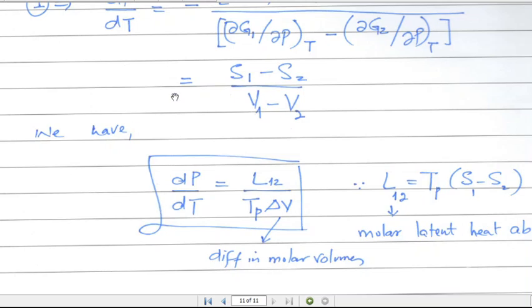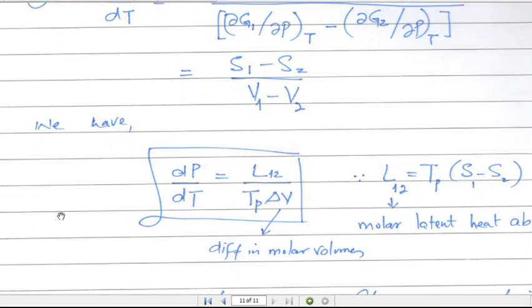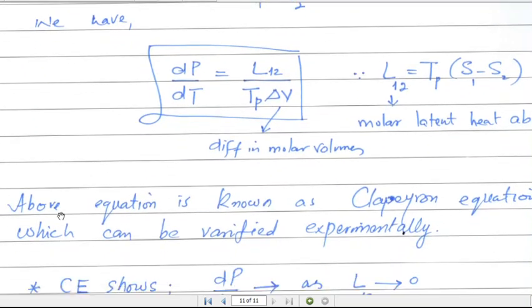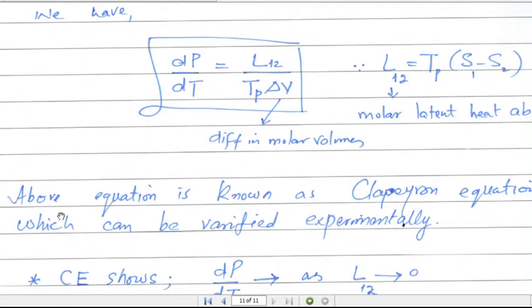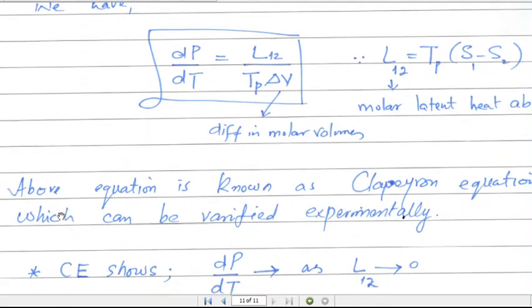So we can write the above expression as dP by dT is equal to L12 divided by T times delta V, where delta V is equal to V1 minus V2, and S1 minus S2 will be equal to L12 divided by T. So this equation is known as the Clapeyron equation, which can be verified experimentally as well.